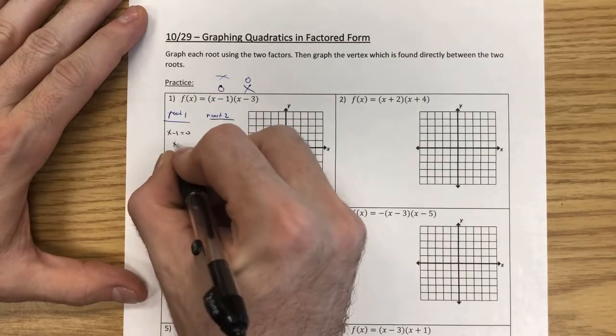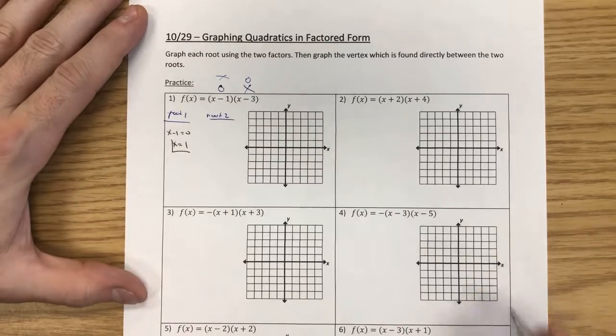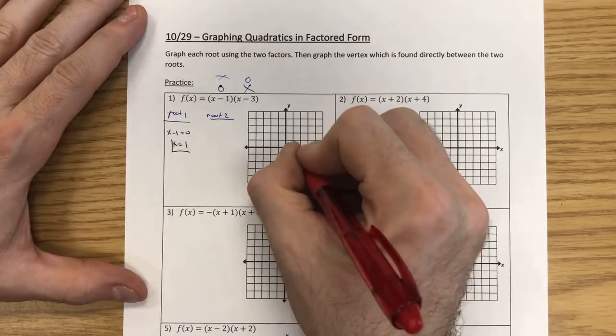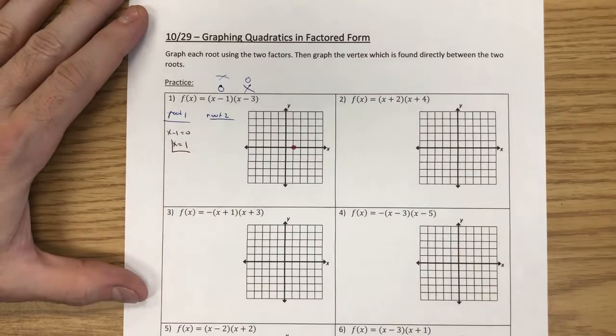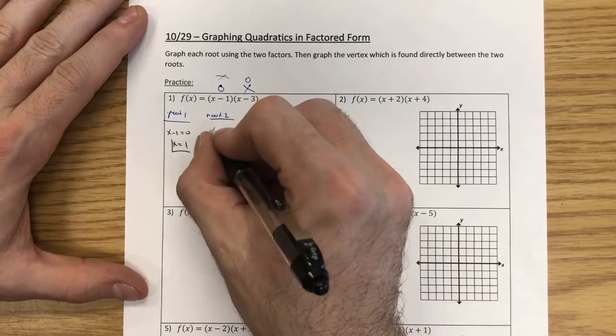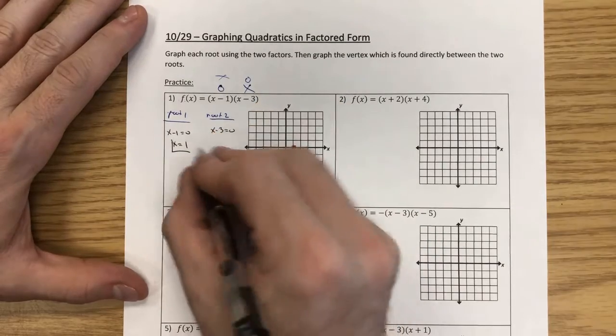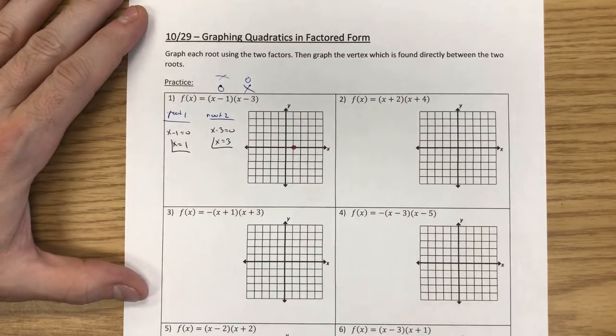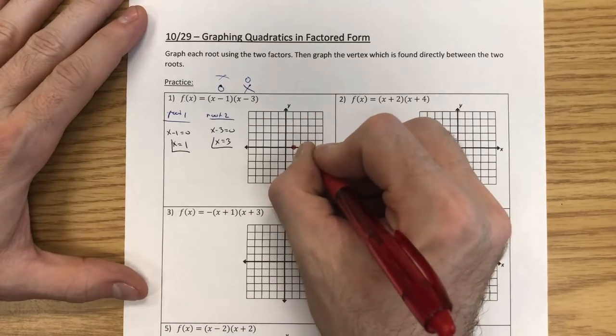So I add my 1 to both sides. I found my first root. So I'm going to plug in a nice point at x equals 1. For my root 2, I say, okay, so x minus 3 is equal to 0. Add 3 to both sides. I get x equals 3.